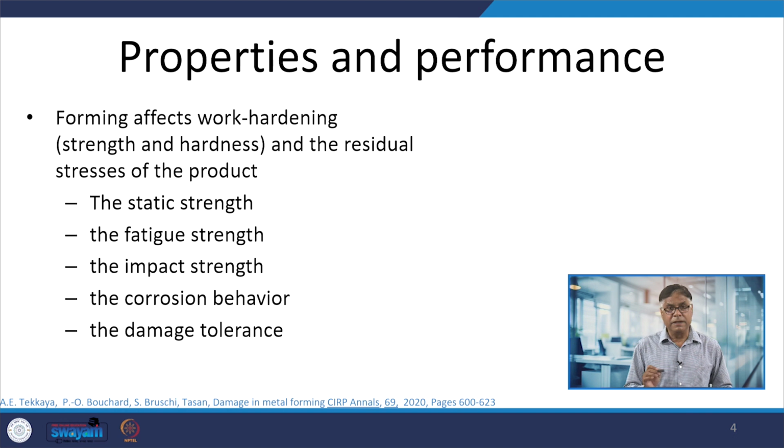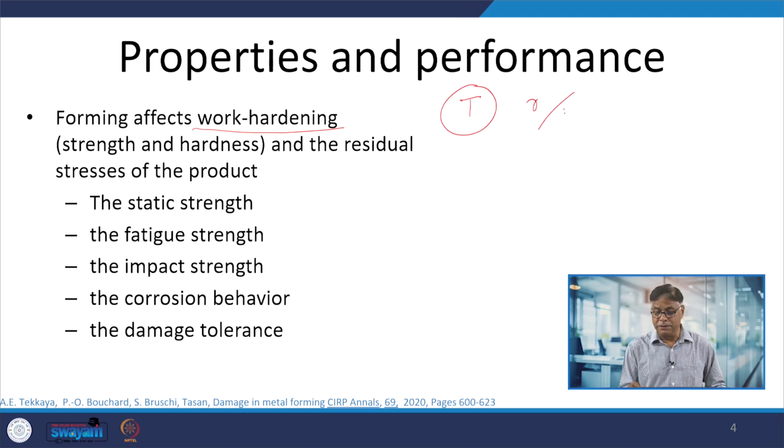So, if the metal is subjected to cold forming, then what we will see is that cold forming primarily affects the work hardening, meaning increasing the strength and hardness of the material, but this happens at the cost of toughness, meaning resistance to impact loading, and ability to get elongated, that is the ductility.